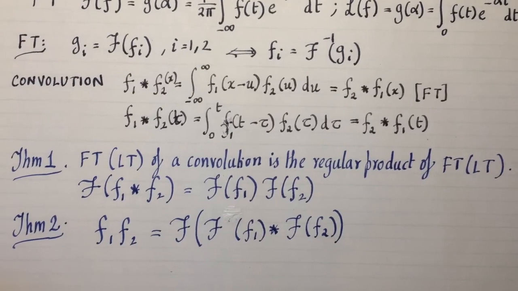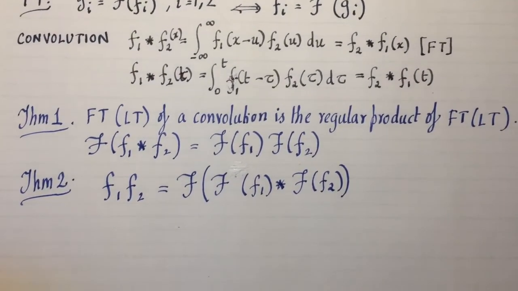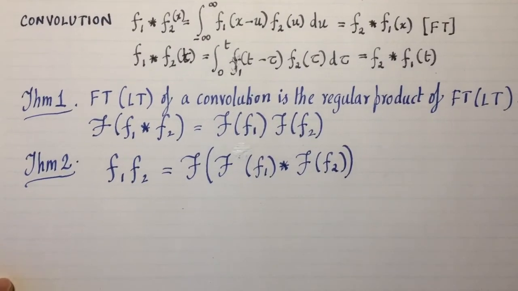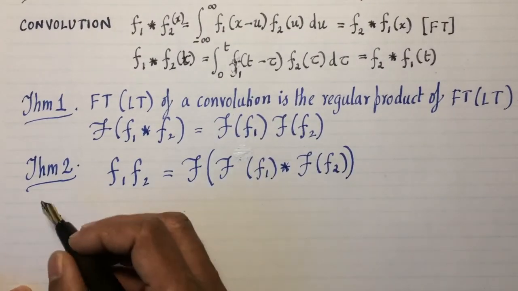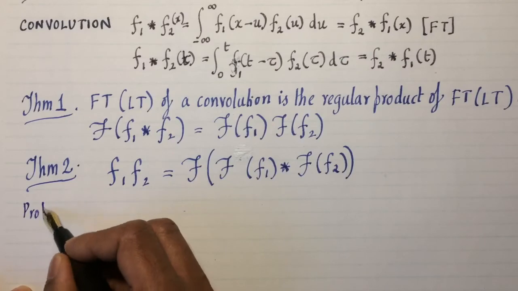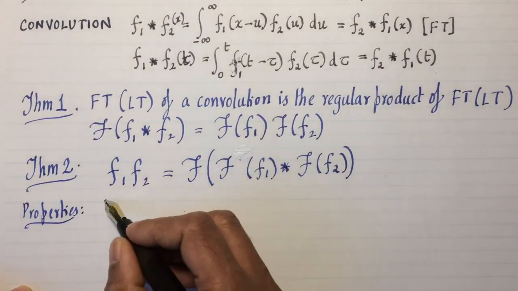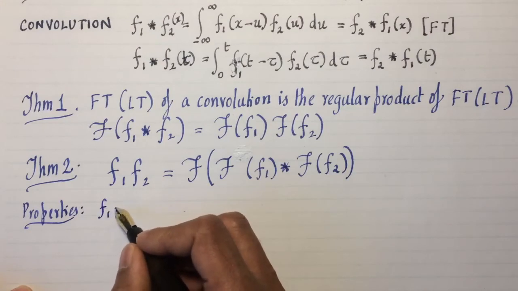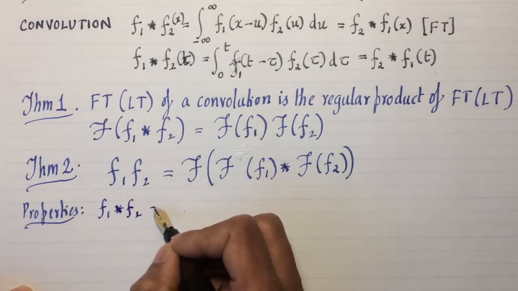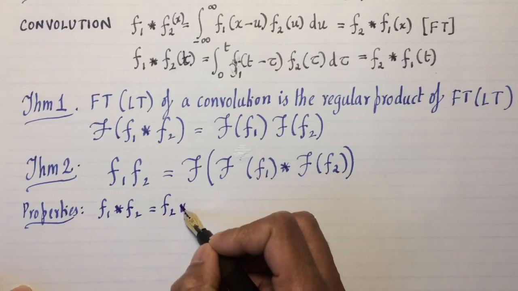Now convolution operators are extremely useful because of some other properties that they have. We've already seen one property of convolution, and that is if I have f1 convoluted with f2, that's the same as f2 convoluted with f1.